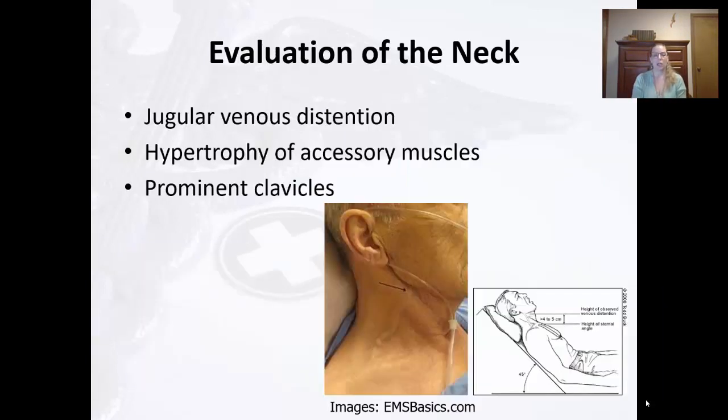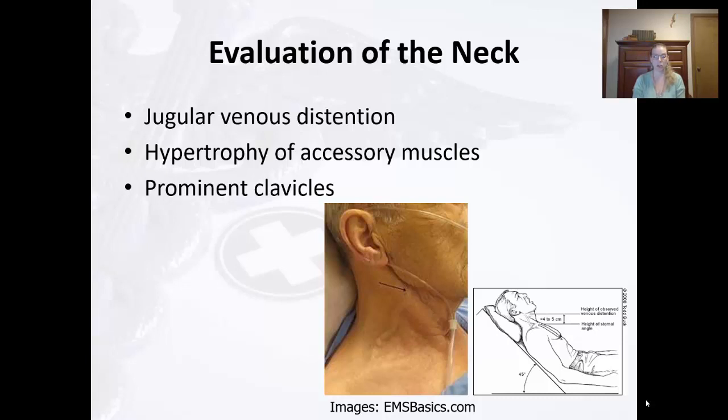Now, besides looking at the hypertrophy of the accessory muscles and the prominence of the clavicles, in the neck, we can also look for jugular venous distension. Remember that jugular venous distension is a sign of right-sided heart failure, and it can be seen when the patient is sitting in bed with the head of bed at a 45-degree angle.